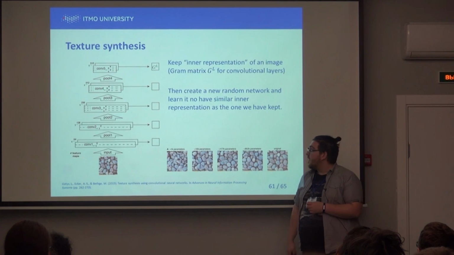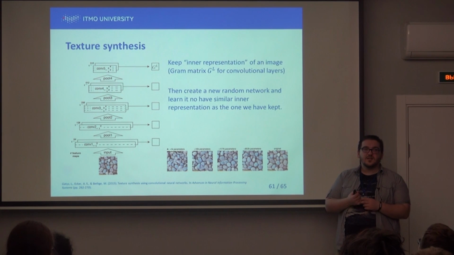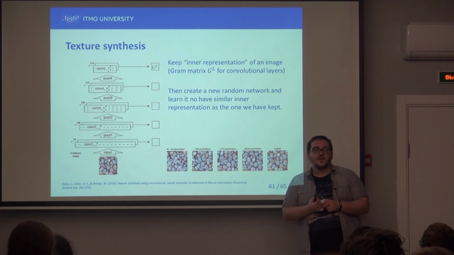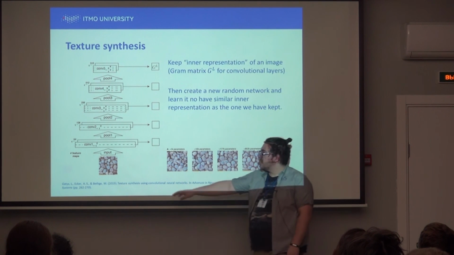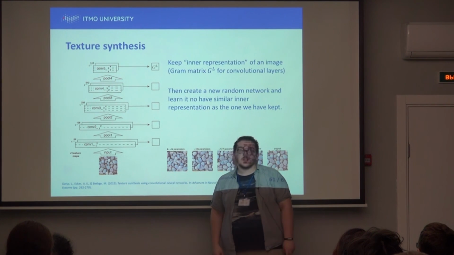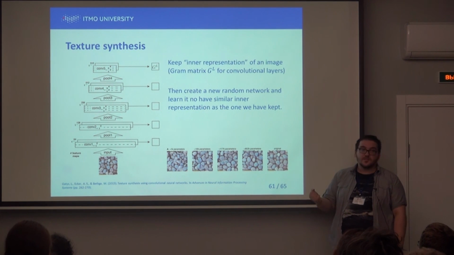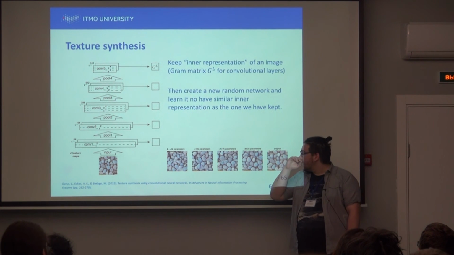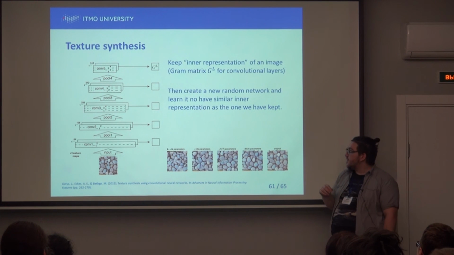So, okay, another thing is also quite similar, but a bit more complicated and has a long history. It's texture synthesis. We have something like this, and we want to synthesize a new texture, which is very similar to this one. The key idea is quite similar.